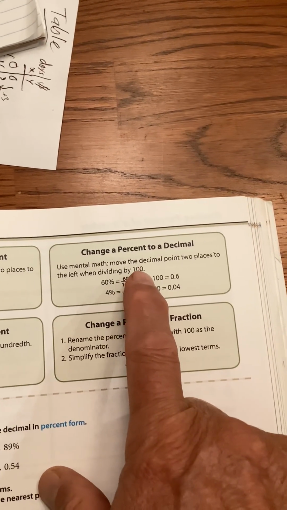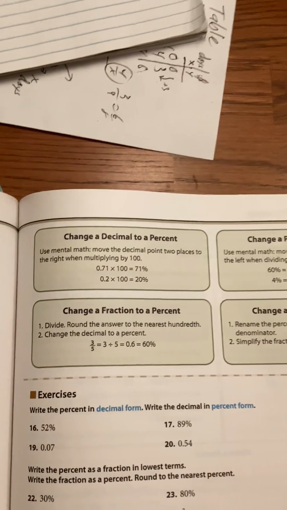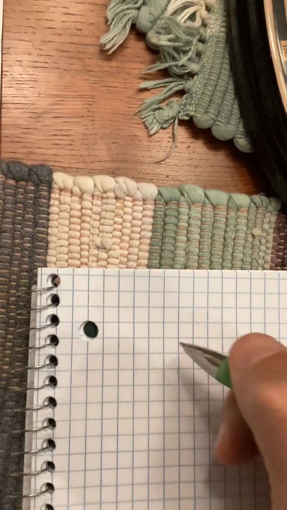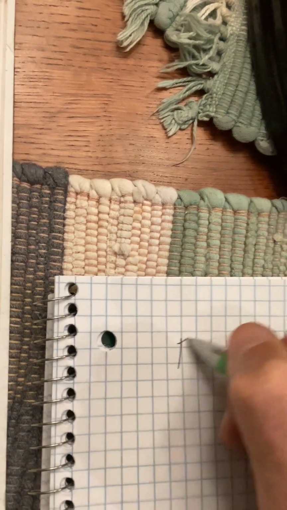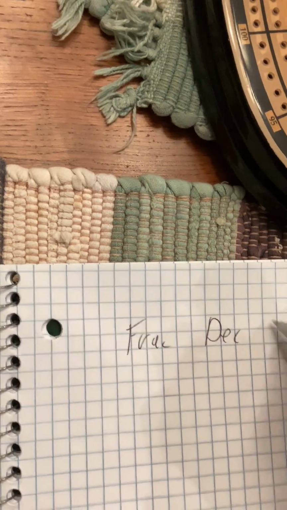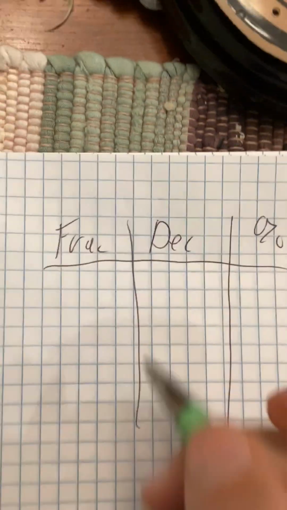How do you change a percent to a decimal? You move it 2 the other way. Oh, I should have done my little chart there. And remember, fraction, decimal, percent. Here, let's just flip your paper over. Say you have 1/2.